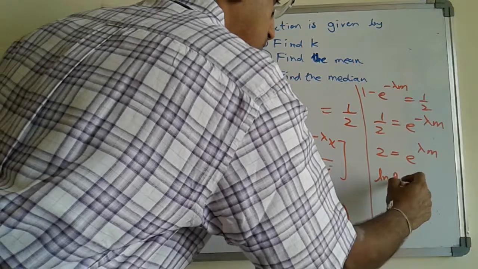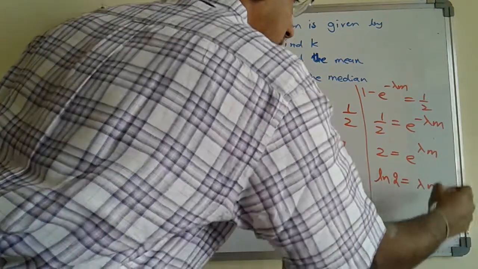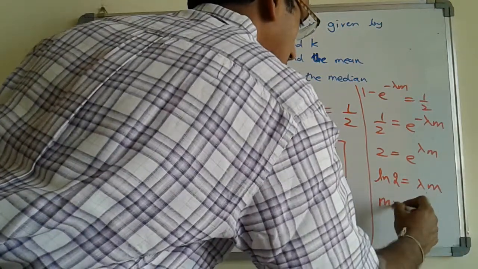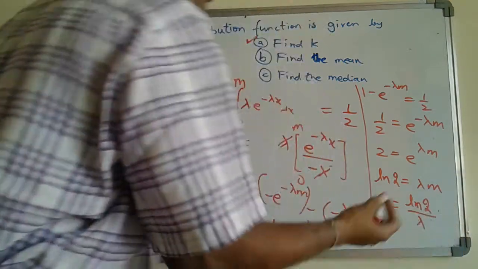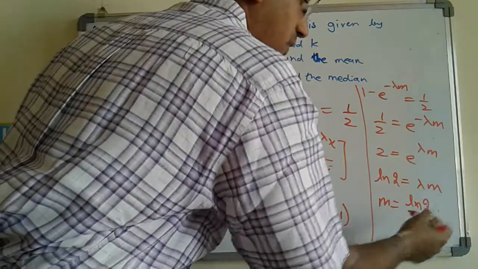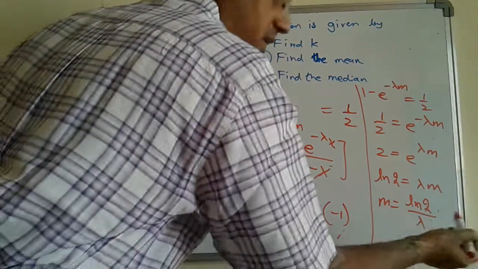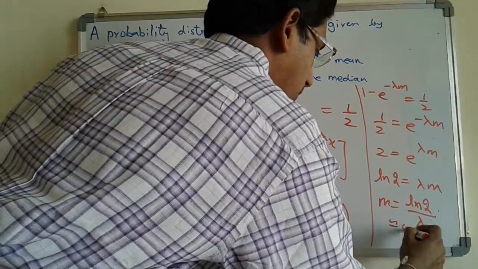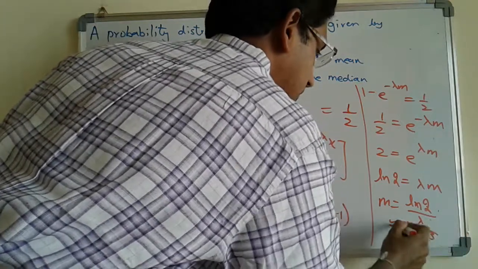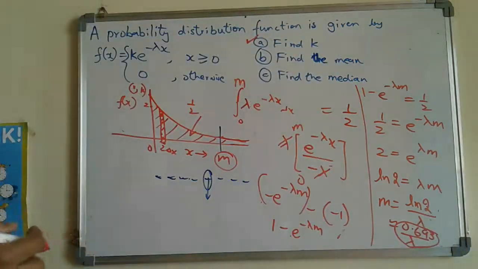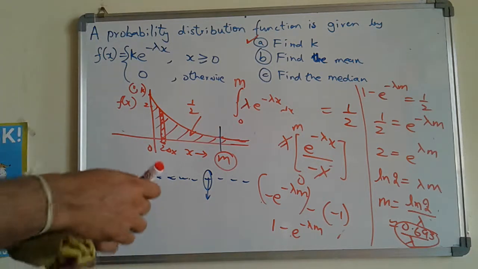Therefore ln of 2 equals lambda m, and the median we are seeking is simply ln 2 by lambda. Approximately, ln 2, which you would encounter a lot in half-life, is about 0.693 or 0.7. So that is the median of this distribution.